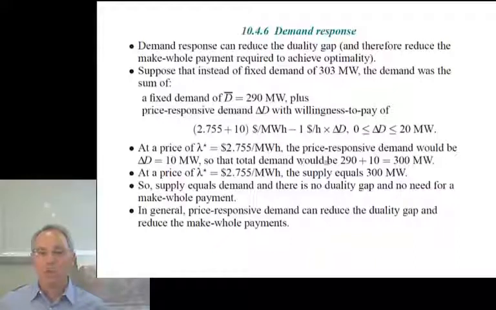So that the total demand would be 290 plus this particular value of delta D, which is 300 megawatts. Remember that at a price of 2.755, the supply actually equals 300 megawatts. So supply equals demand, and there is no duality gap and no need for a make-whole payment. In general, price-responsive demand can reduce the duality gap and reduce the make-whole payments.